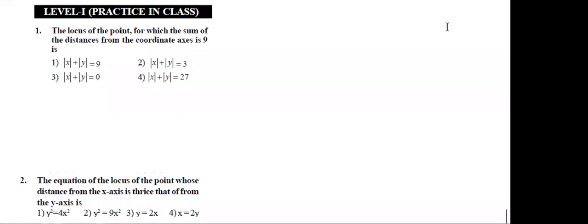Now we have completed the locus concept. Now see these problems. Level 1, first problem. Read the question first. The locus of the point for which the sum of the distances from the coordinate axes is 9.